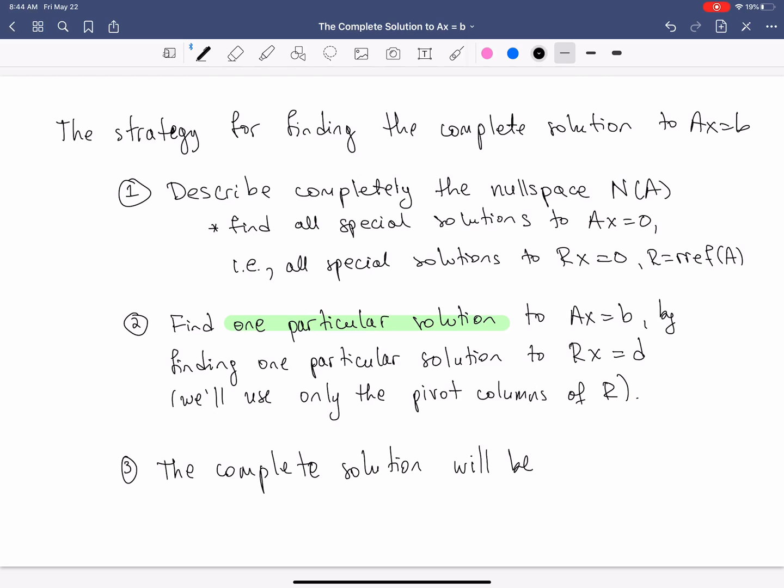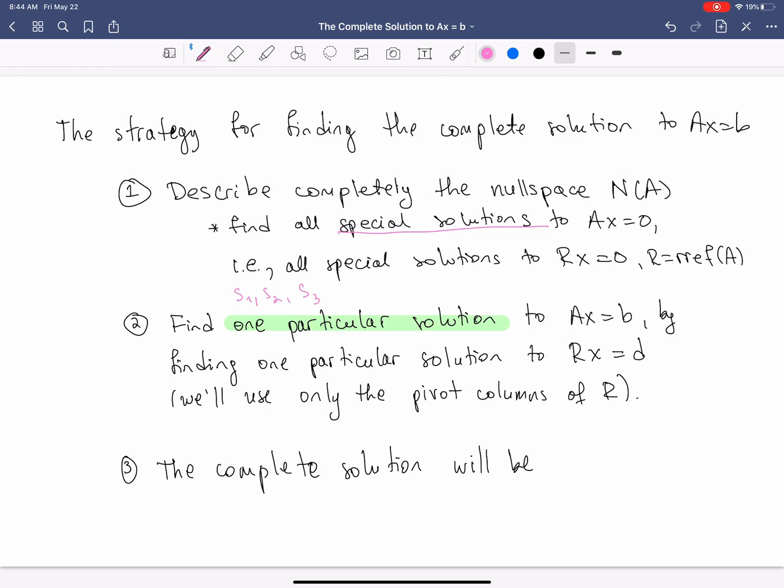Then the null space will be the space of all linear combinations of the special solutions. Or maybe I could even call those special solutions S1, S2, S3. There could be more, there could be less.